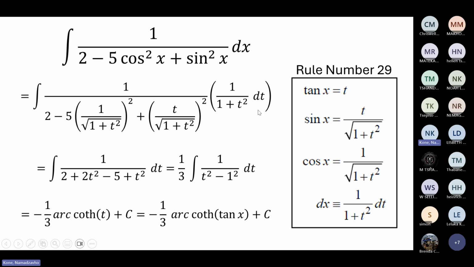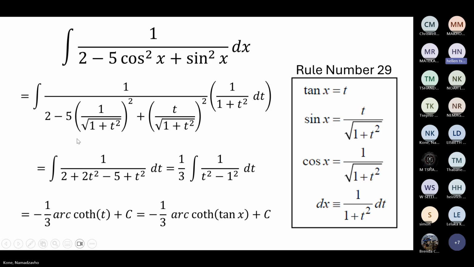Our dx, remember, is 1 over 1 plus t squared dt. So this 1 plus t squared multiplies this 2, and 2 times 1 gives us 2, then 2 times t squared gives us 2t squared. So these 2 terms are from the product of this 2 and this 1 plus t squared. Are you happy with this part?